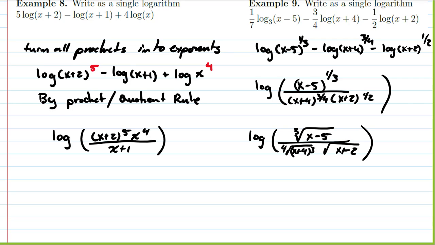So remember, the index comes from the denominator in each of these. So our 4, and with square roots we know the index is 2, so we don't write it. And then our numerators become the powers on the radicand. So we had a 3, so that's a 3. The other two had powers of 1, so we don't write powers of 1 because anything to the first power is just itself.